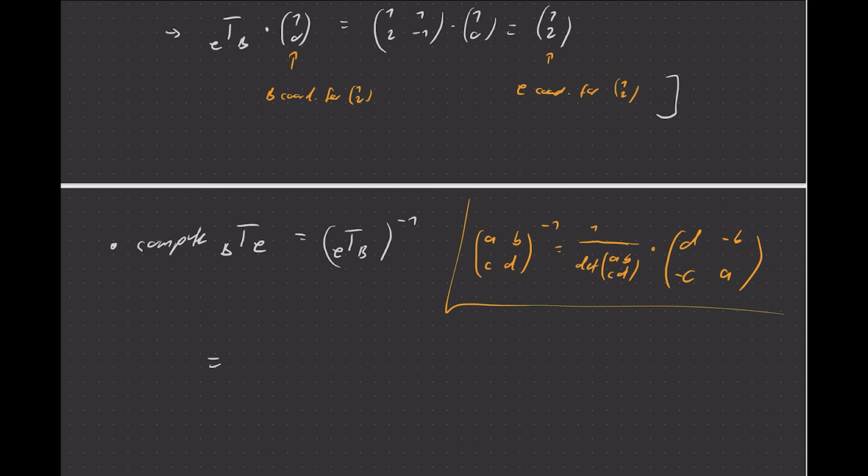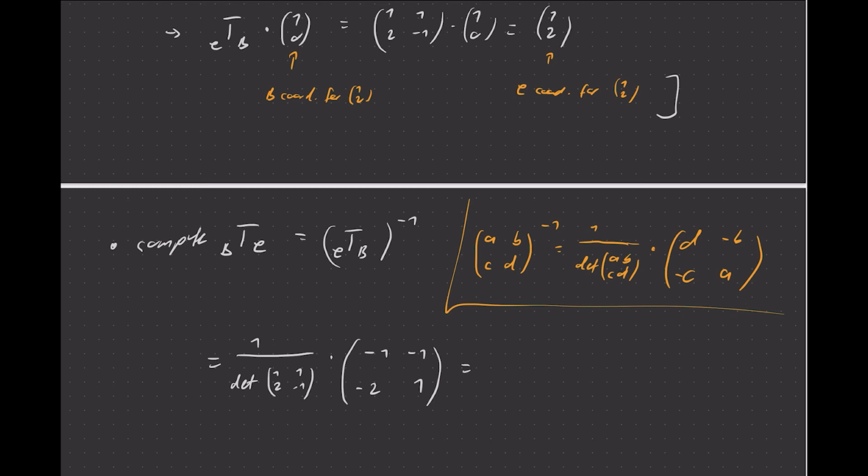And that means the inverse that we get is 1 over the determinant of 1, 2, 1, minus 1 times, and we exchange the diagonal elements. That's minus 1, 1 here, and we put a minus in front of the non-diagonals, so it looks like this.